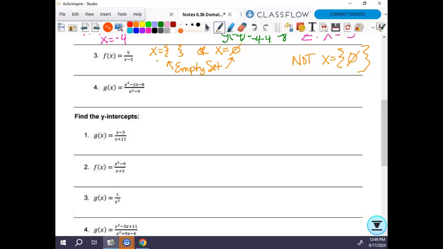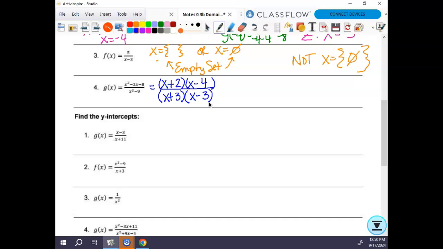All right. Let's look at 4. So I'm going to factor. X and X. 8 is negative, so the signs are opposite. What are my numbers? Negative 4 and 2. Good. And then the denominator is a difference of squares.